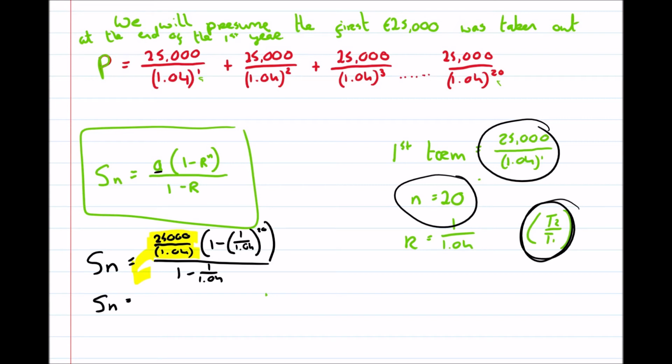So Sn equals 25,000 over 1.04, multiplied by 1 minus 1 over 1.04 to the power of 20, all over 1 minus 1 over 1.04. Okay, that's a bit messy now.